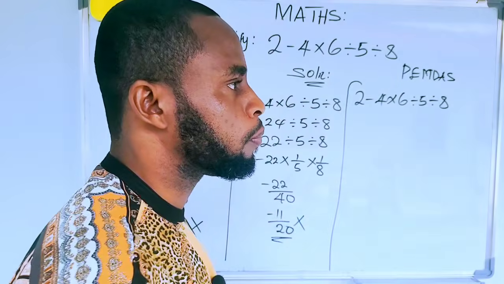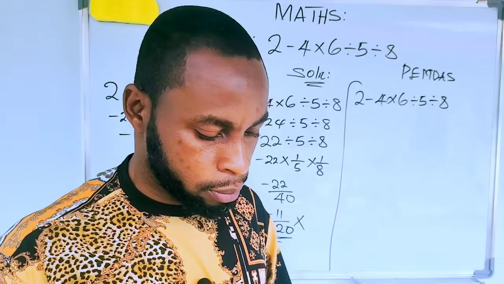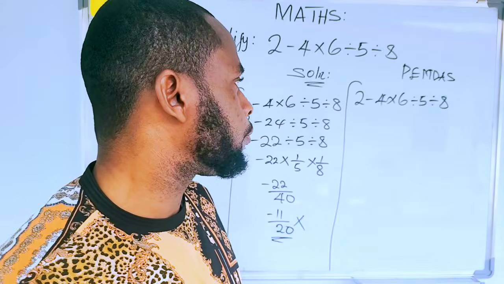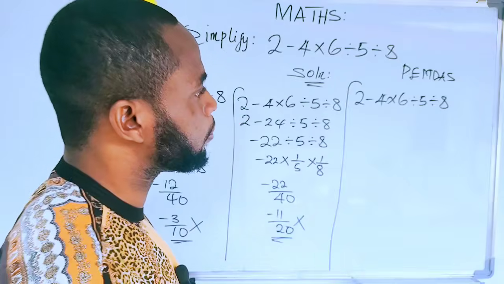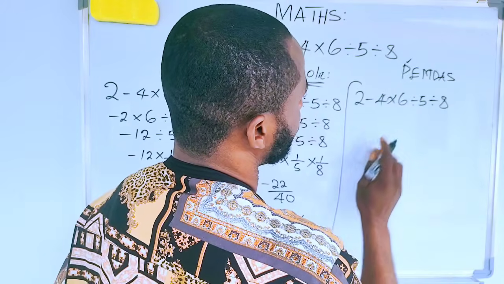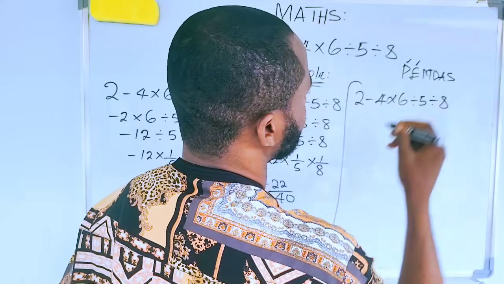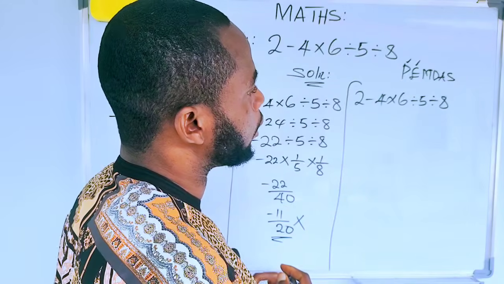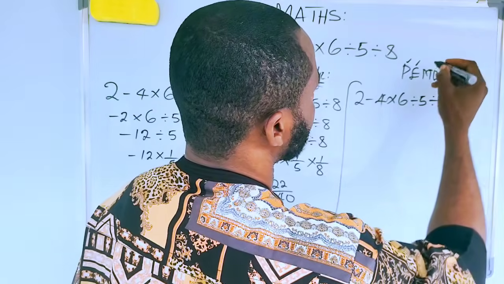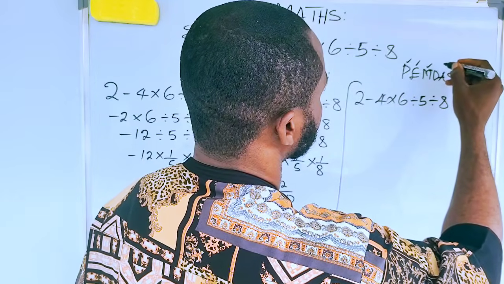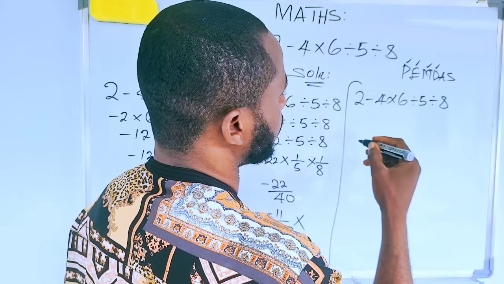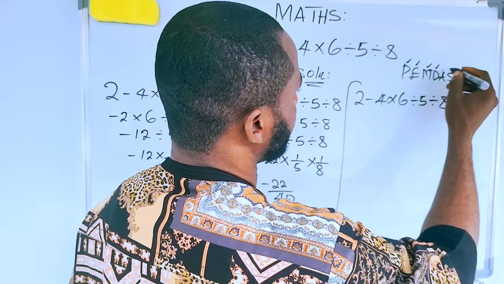If you don't use PEMDAS, use BODMAS. Both are the same. Now at this point, we don't have parentheses. We don't have exponents here. Then we have multiplication, we have division, no addition here, we have subtraction.